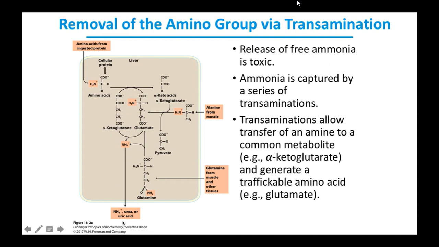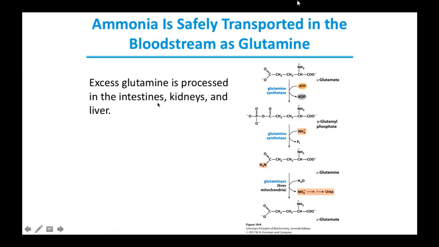And then you also have that amine, which is all going into the urea cycle, or in some cases uric acid, but in the human case, the urea cycle. So that's a central reaction, this exchange between a primary amine and a ketone, and these are called transaminases.